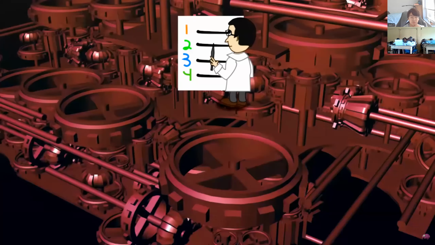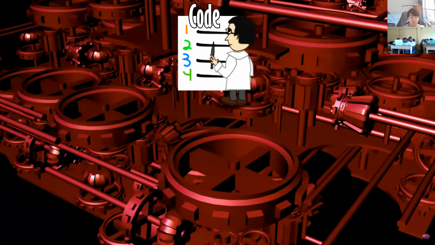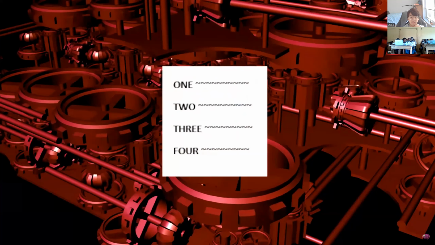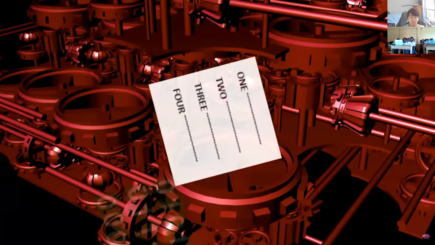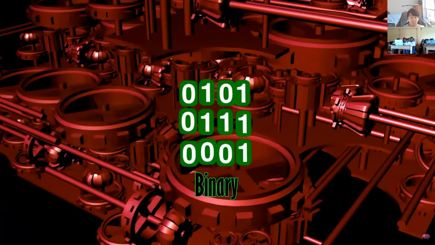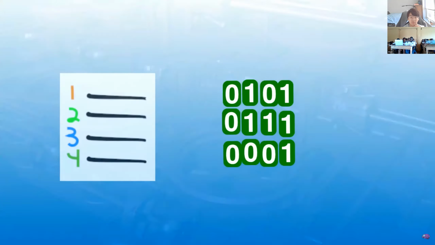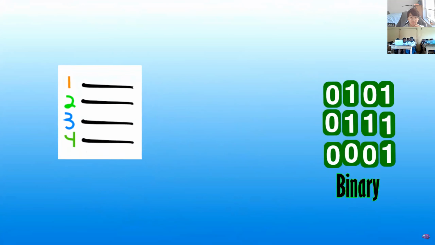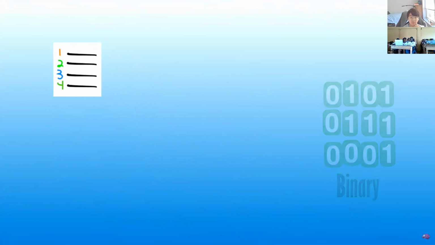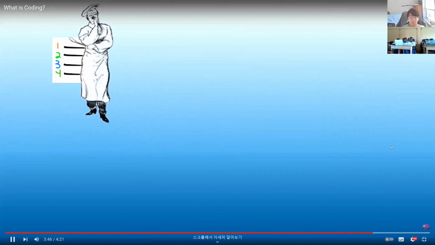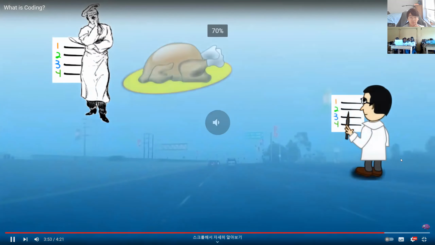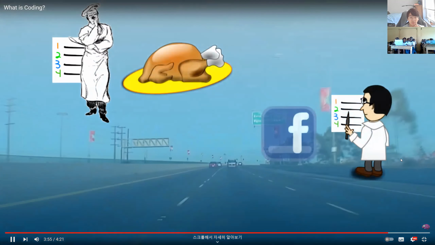On the top level, you have a human writing code in a specific computer language, and after this, the code is translated or compiled into a low-level language by a tool called a compiler, and finally the code is translated into binary or machine language by an assembler. So because we have a way of translating human orders in the form of code into 1s and 0s that a computer can understand, after that it's really just a matter of what you want the computer to do. And it's like being a chef writing a recipe, because both chefs writing recipes and computer programmers writing code have the ability to create something awesome using the resources and tools available.